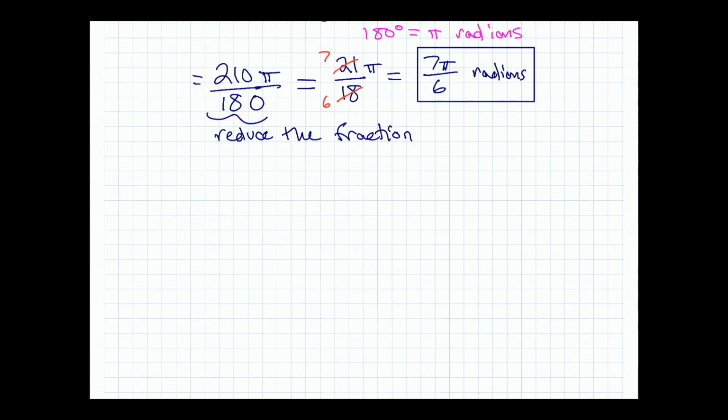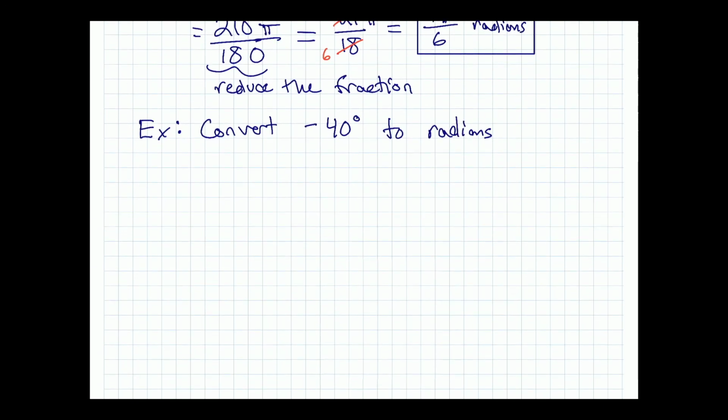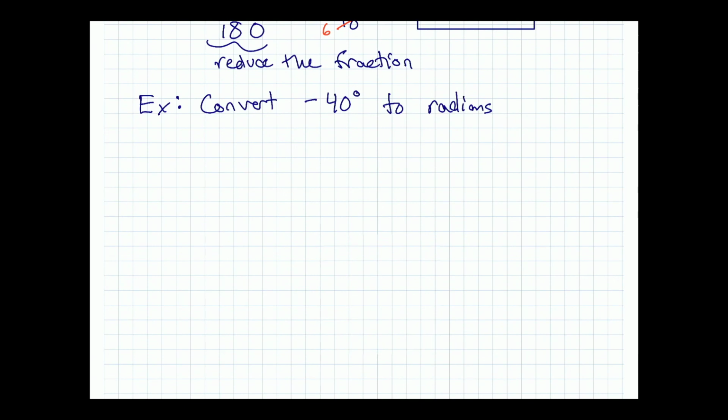Let's do a couple more, just as examples here. Example. Convert negative 40 degrees to radians, right? And this will be a lot faster now that we know what we're doing. So you start with the negative 40 degrees, and then you multiply by your conversion factor, right?